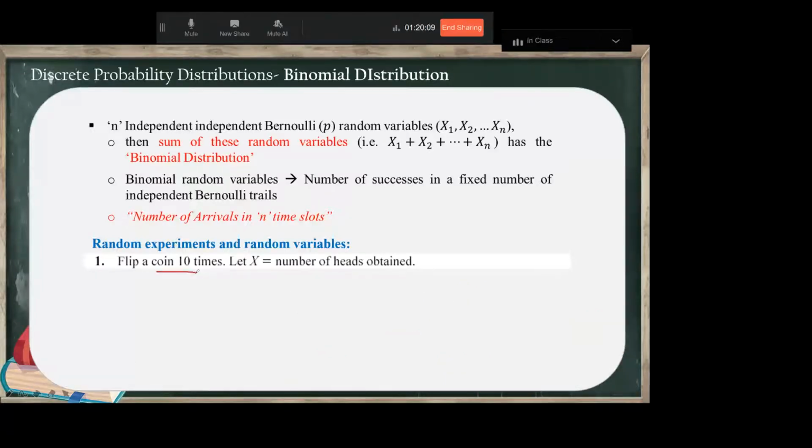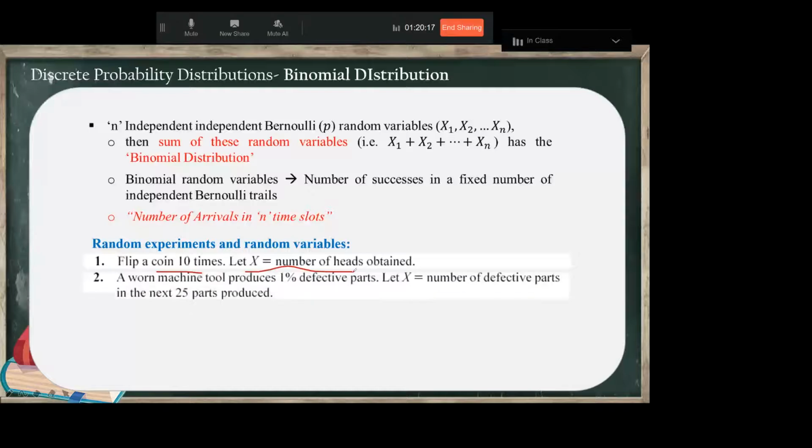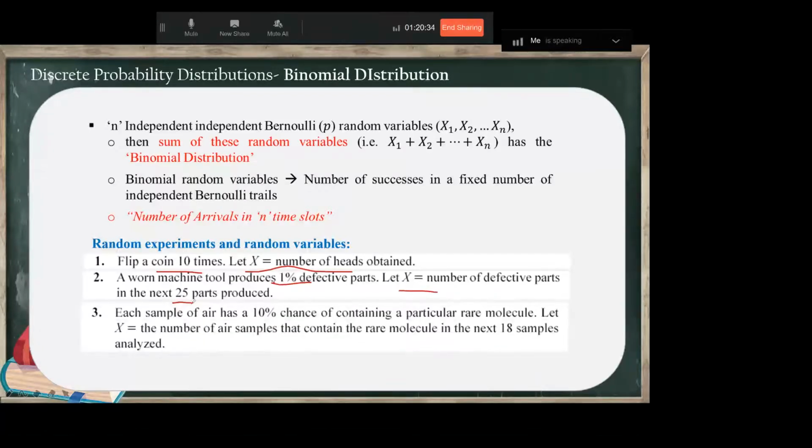Here n is 10, n is given, x is given, x is the number of heads, and you just need to find out the probability of the experiment. Another example: a worn machine tool produces 1% defective parts. So again, p is given, x is given, n is given. If these are given, you can find it out. So these are the examples.